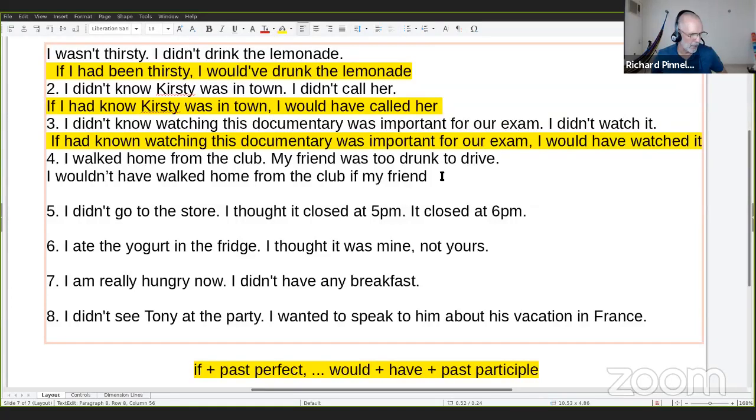If my friend had been... the problem with the chat is there's a lot of delay in there. No, has been, no. Anybody? I wouldn't have walked if my friend had been too drunk. No, very tricky. I wouldn't have walked home from the club if my friend hadn't been drunk. Or we could put there too drunk to make it the same. Hadn't been too drunk.